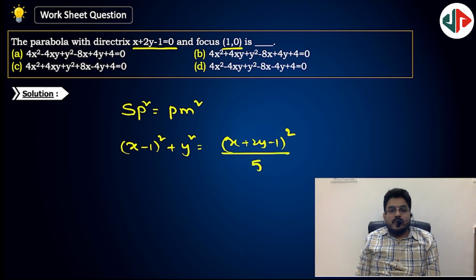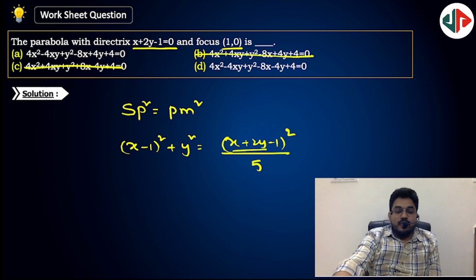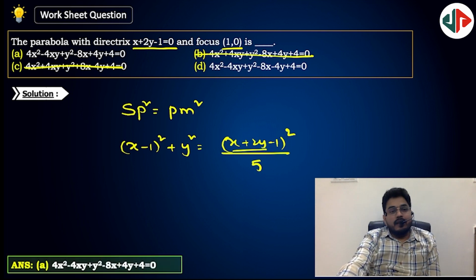So 5x^2 - x^2 gives 4x^2, and -4xy will be there, so this option is ruled out and this one is also ruled out. Next, 5y^2 - 4y^2 + y^2 is the same in both cases. The constant is 5 + 4, so you need to check the y value. This one, minus 4y comes this side as plus 4y. So A is the right answer.